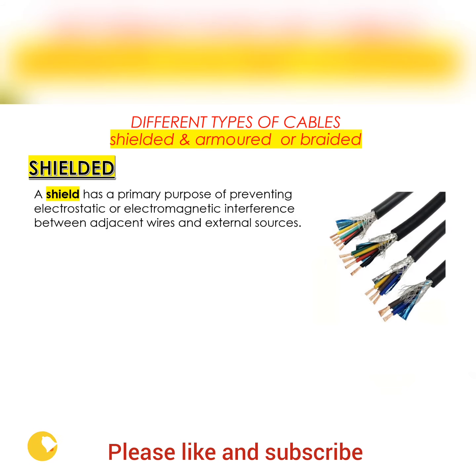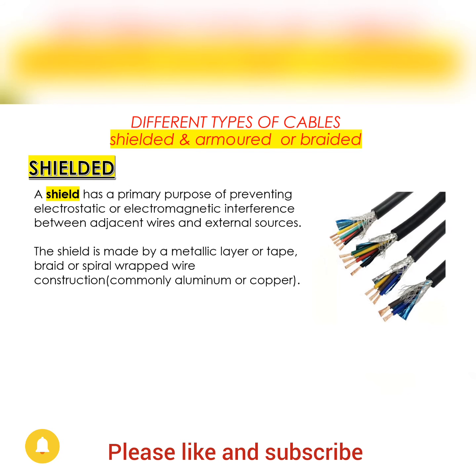What is shielded? A shield wire has the primary purpose of preventing electrostatic or electromagnetic interference between adjacent wires and external sources. That's why you can notice during construction activities, especially if you are visiting the oil and gas industry, you can see this kind of cable as well.